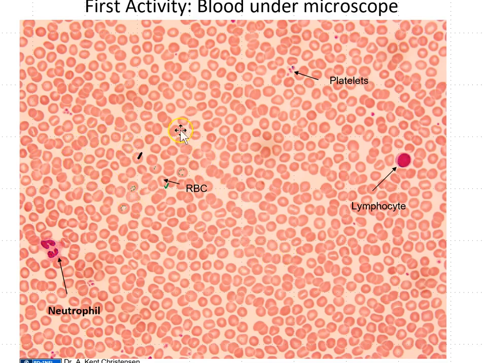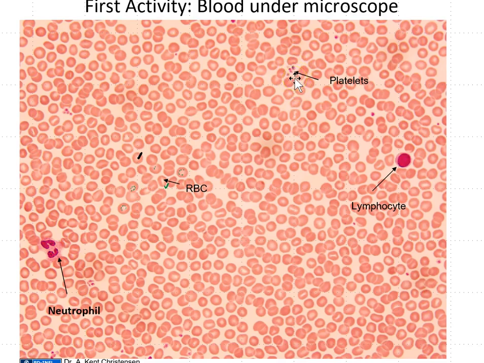Red blood cells are responsible for carrying oxygen, and they don't have any nucleus or organelles. Finding red blood cells is so easy because they are the most abundant cells in the blood. Then the platelets are so small. They are very tiny because they are cell fragments. So finding platelets is easy as well. They are very tiny purple dots.